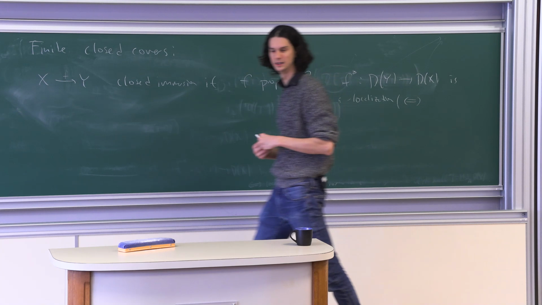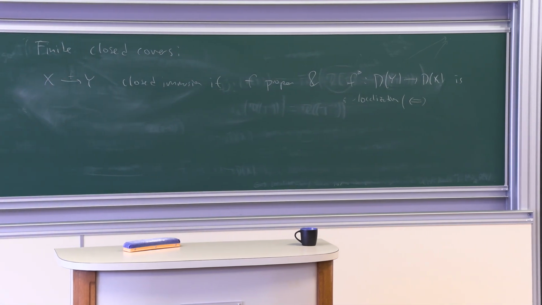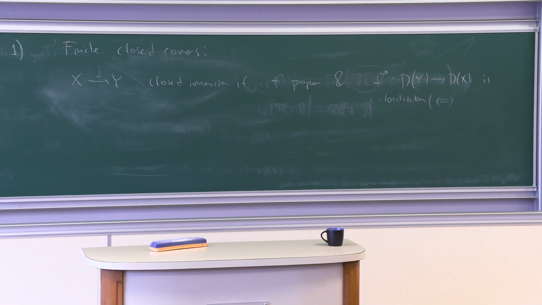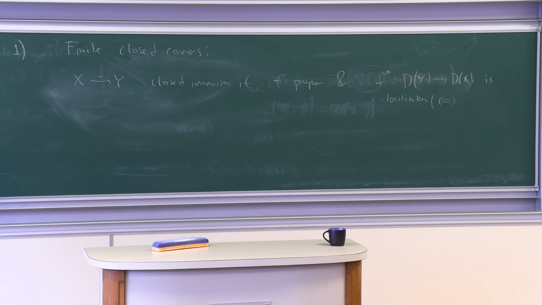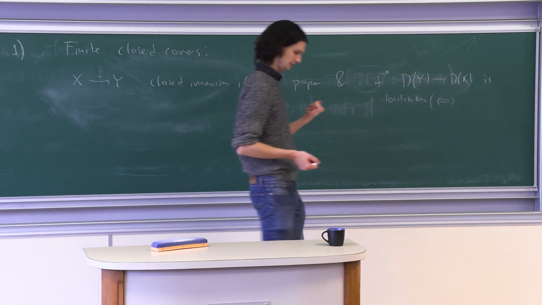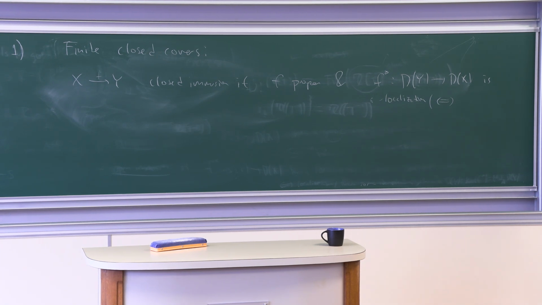Yeah. Okay. And there is also localization for usual abelian categories. But then it's again a similar thing. At least for Grothendieck categories and things which are closed, and I'm not sure it depends whether you assume all colimits or not.